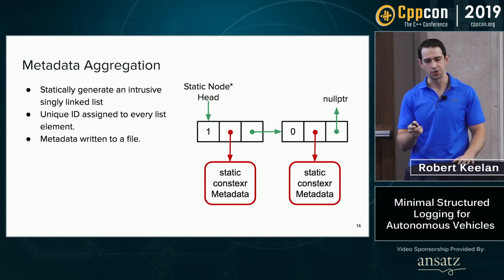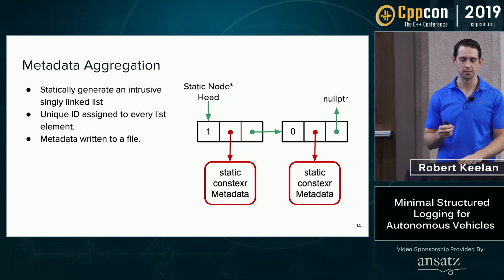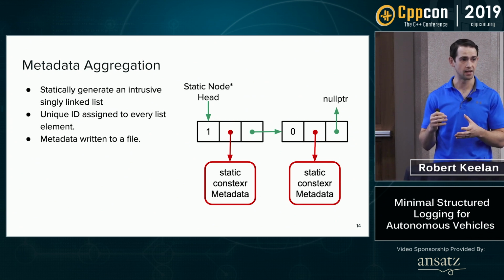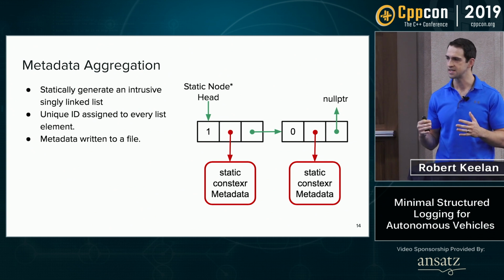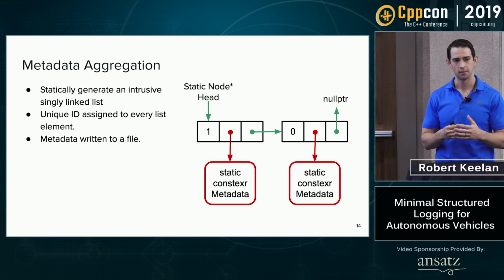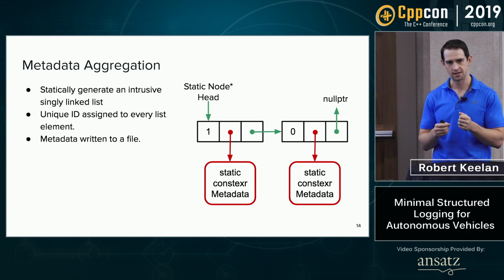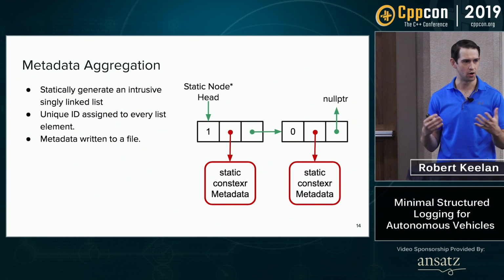Each node in this linked list is going to contain a unique ID, a pointer to some static constexpr metadata, and a pointer to the next node. Note that this work is happening when the program starts up, but it's a very cheap operation. All we're doing is assigning IDs and doing some pointer manipulation. No actual allocation is happening, all the nodes are static.